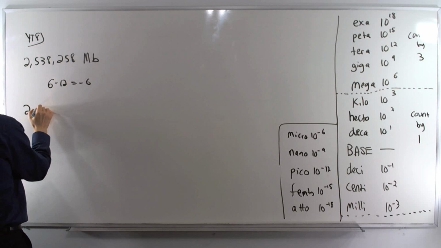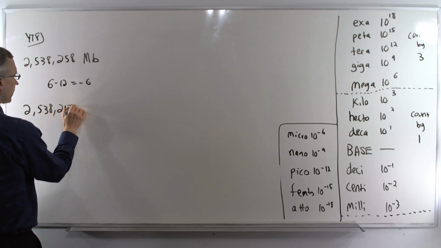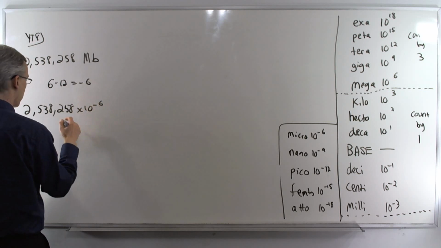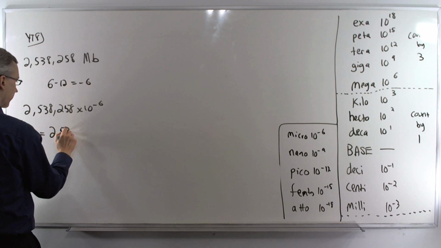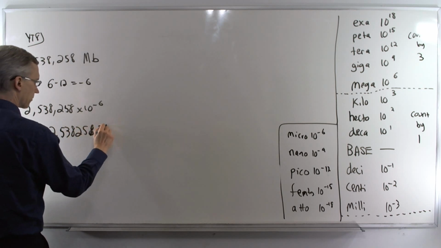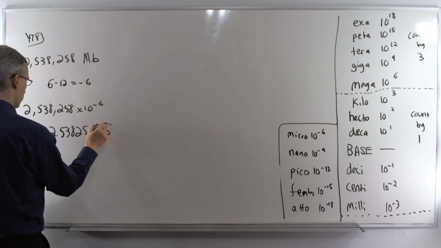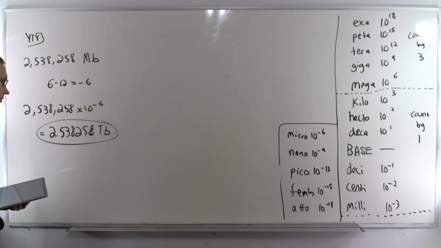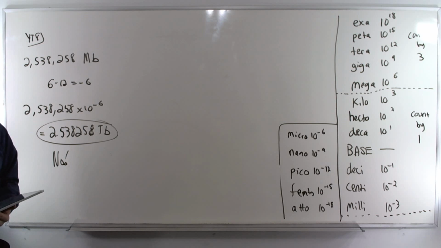So we're going to do 2,538,258 times 10 to the negative 6 power. That equals 2.538258. So that's how many terabytes we have. It's over 2. Nope, it's not going to fit. Got to get the bigger size.